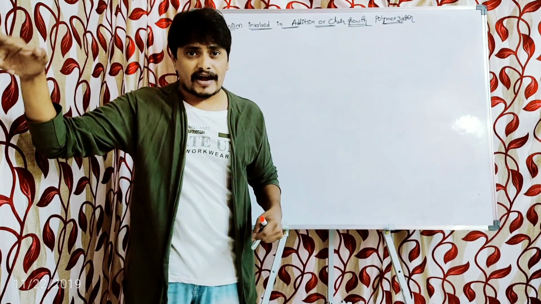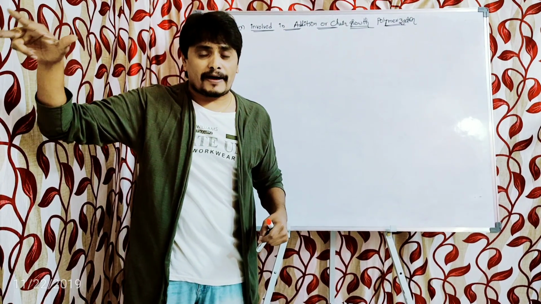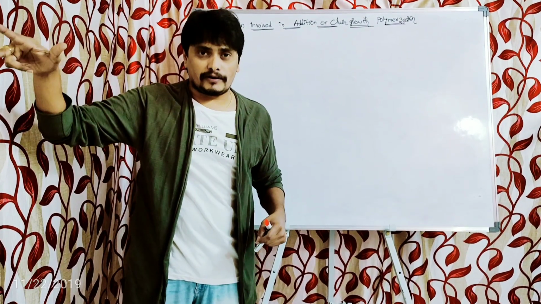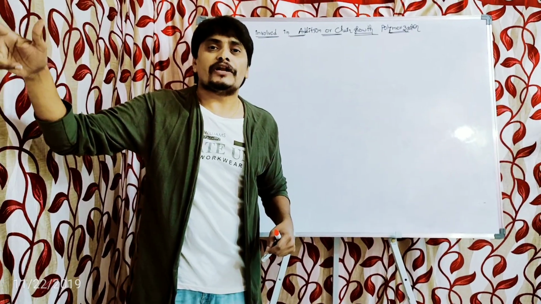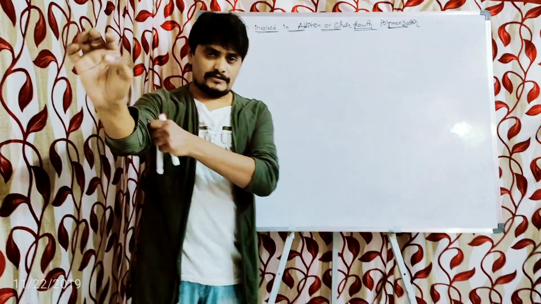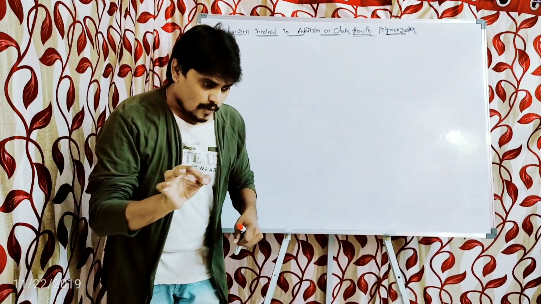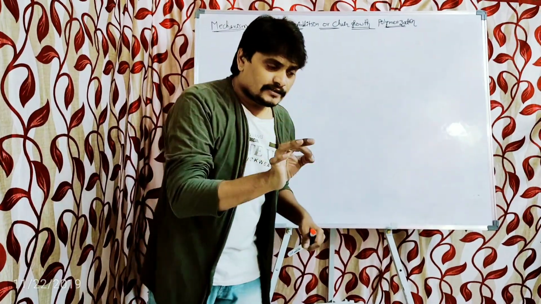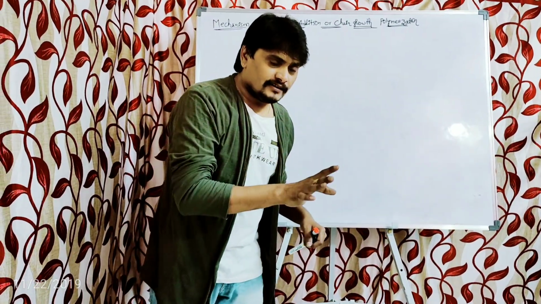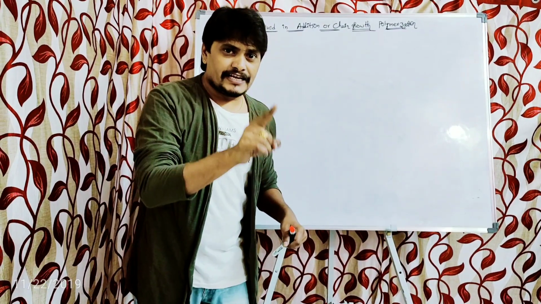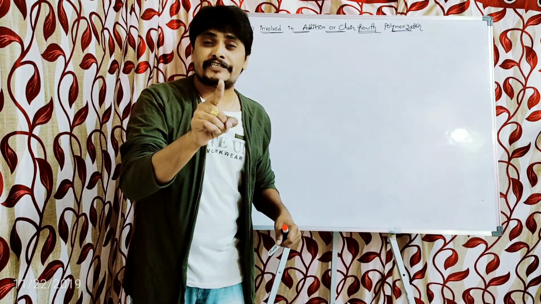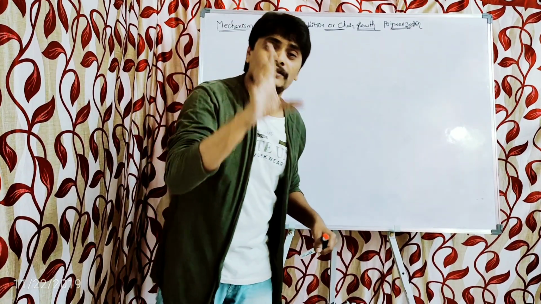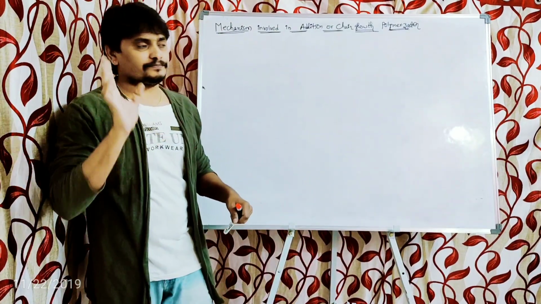On the other hand, if it is initiated by ion, then it is called ionic mechanism. Now, if the initiator is the free radical, then addition or chain growth polymerization is possible by the free radical, right?